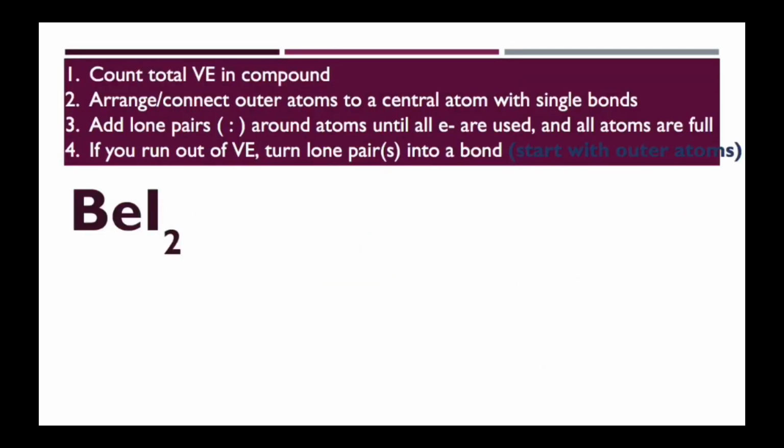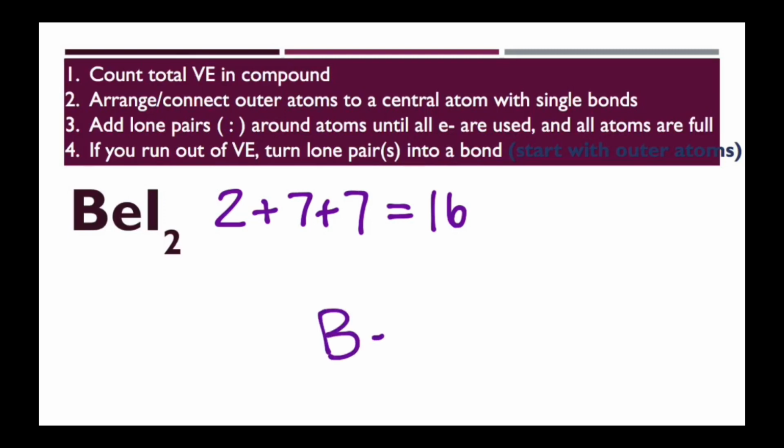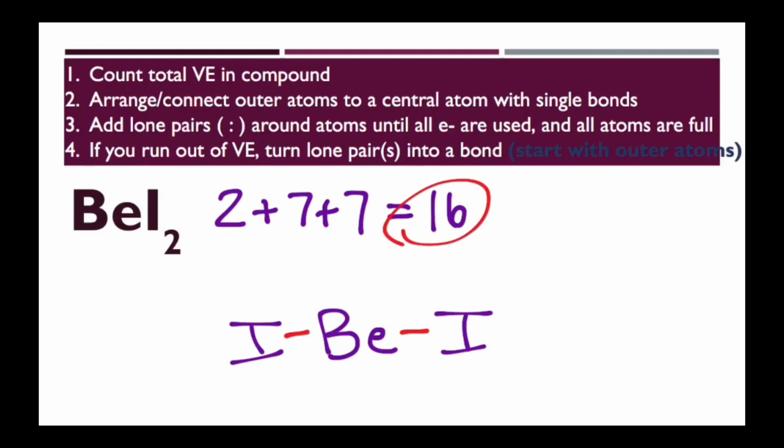I want to show you a couple examples here. BeI2, if I were counting up these electrons, Be brings 2. Each of those I's brings 7. So that is 16 electrons to work with. Be is going to go in the center. Our I's around the outside. And then a single bond between each of them is 4 of our 16 electrons.